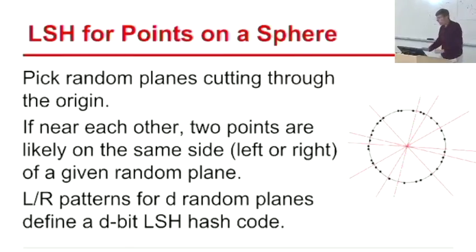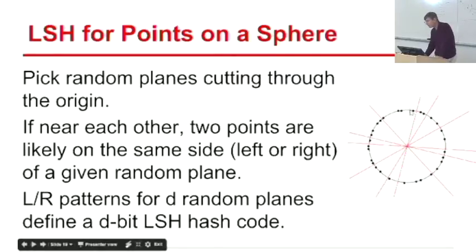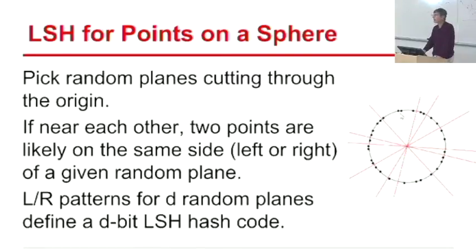If we had these 2 points that were very, very close to each other, the only way they could have different hash codes is if the random plane cut right through them. Does everybody see that? And the closer they are, the harder that is to happen. Any questions about this scheme?